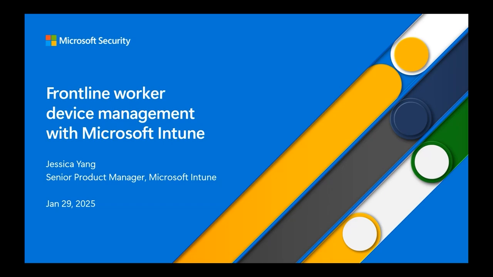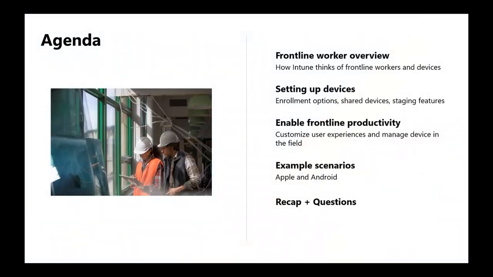So today we are going to be talking about frontline worker device management in Intune. One thing that we hear a lot at conferences is essentially, I didn't know that Intune could do this. I didn't know that Intune even managed these types of scenarios. So today I want to go over just how Intune thinks of frontline workers and devices. We'll talk about some options that you have for setting up these types of devices.